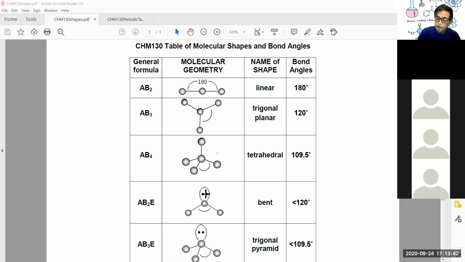Now, with respect to sulfur and oxygen, who's more electronegative, sulfur or oxygen? Who's closer to fluorine? Oxygen. Oxygen's in the same period. Sulfur is one period down.